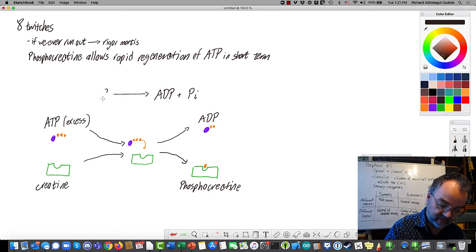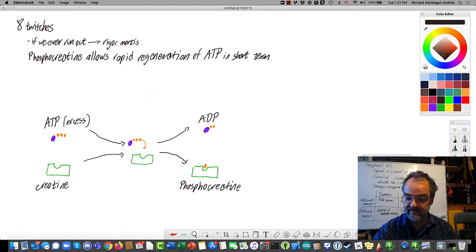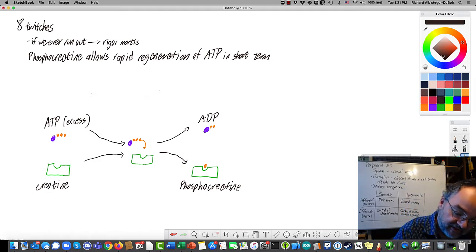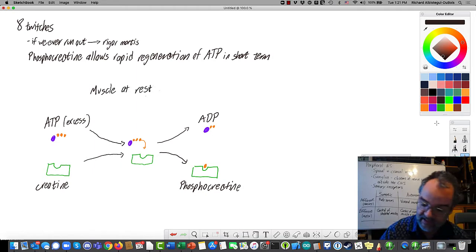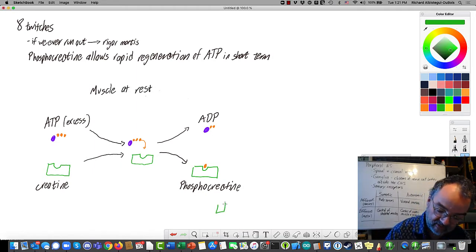So this is something we can do when the muscle cell is at rest. And we can end up building a big pile of phosphocreatine.